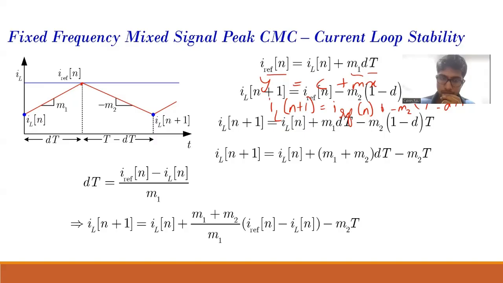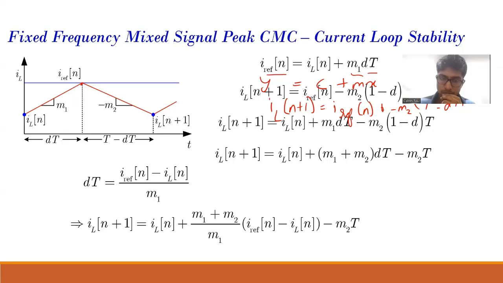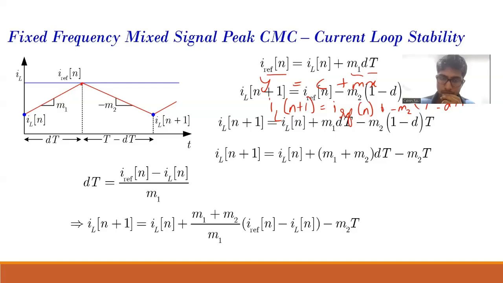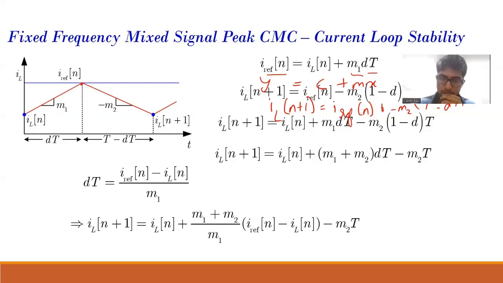So to avoid that issue, after we give the set pulse, for some duration, this is known as the blanking period. In this blanking period, any reset high signal which comes, we will ignore, so that the switch will be on for at least this minimum duration.